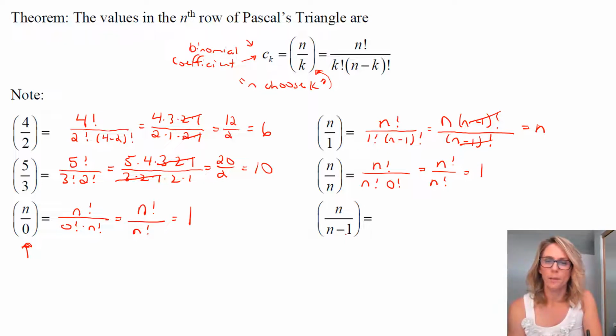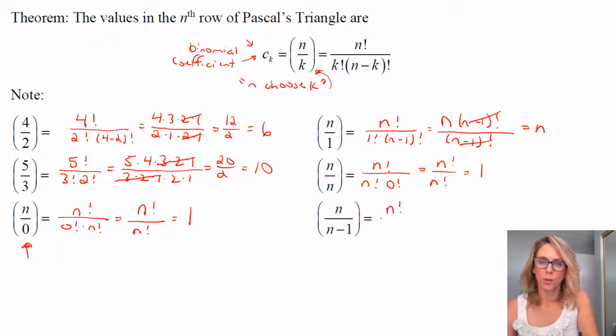Now, n choose n minus 1. So we have n factorial over n minus 1 factorial times n minus (n minus 1) factorial, which is n minus n plus 1 factorial, which just leaves us with 1 factorial.